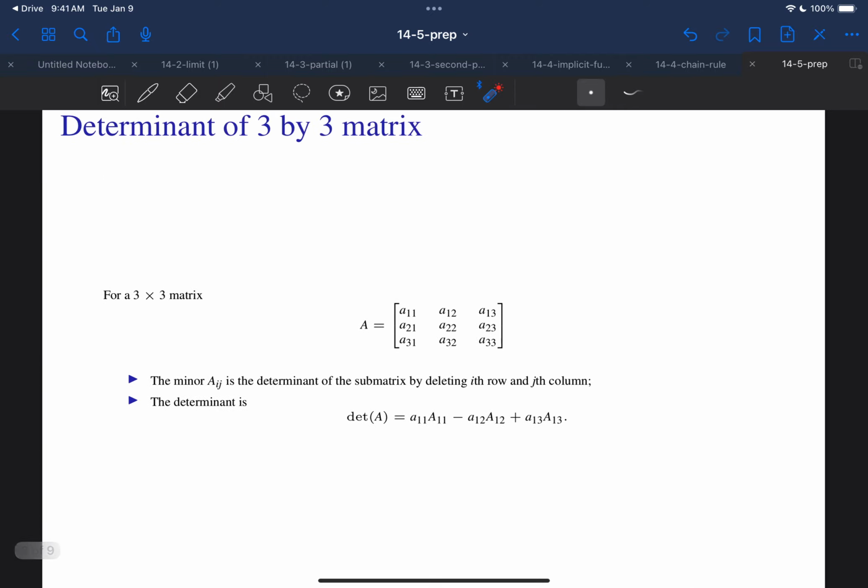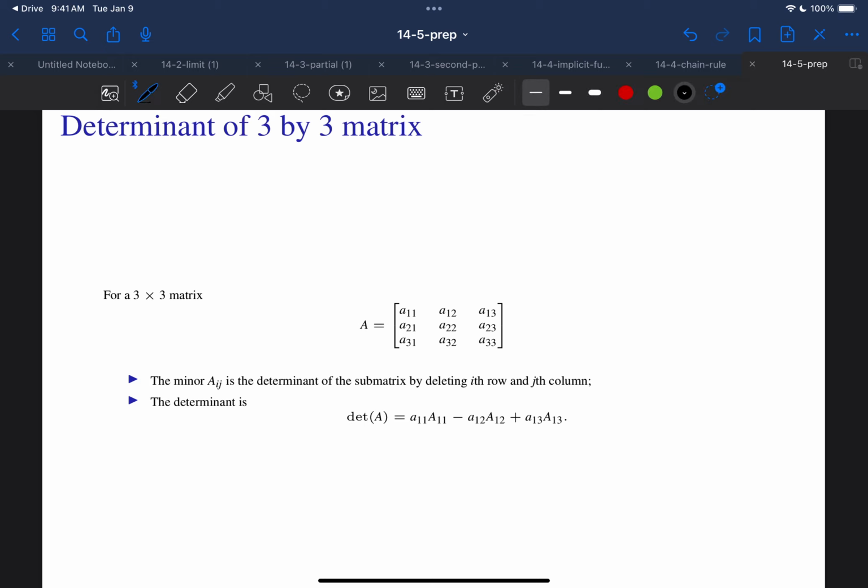Now let's look at the determinant of a 3 by 3 matrix, how to generalize from the 2 by 2 matrix. The determinant of A is a little bit complicated. First we need to know what minor means. The minor Mij is the determinant of the sub-matrix obtained by deleting the ith row and jth column. So what is M11? M11 is the minor corresponding to the component a11.